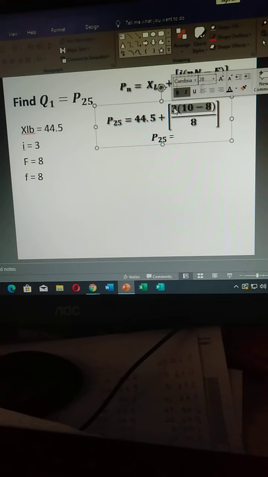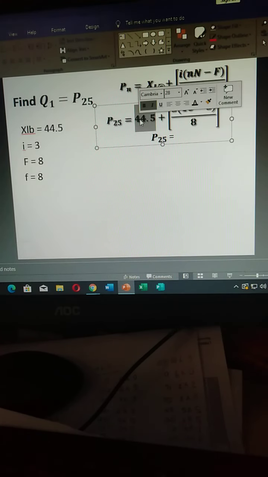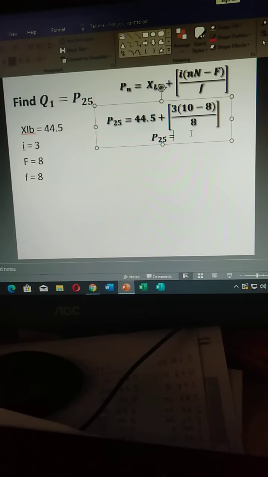Diba? After we multiply into 3, let's divide it by 8. So, 3/4. And then, that 3/4 will be added to 44.5. The answer will be 45.25. Tama ba yung sagot natin?